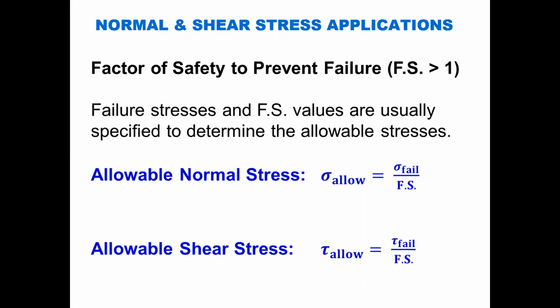Now, a lot of things go into why we have the different factors of safety. If you think about it, there's always a certain variability that is associated with the magnitude of the load that you might have on a particular component or structure. Sometimes we never know with 100% certainty what the load is going to be, and it could be actually higher than we would expect it to be.